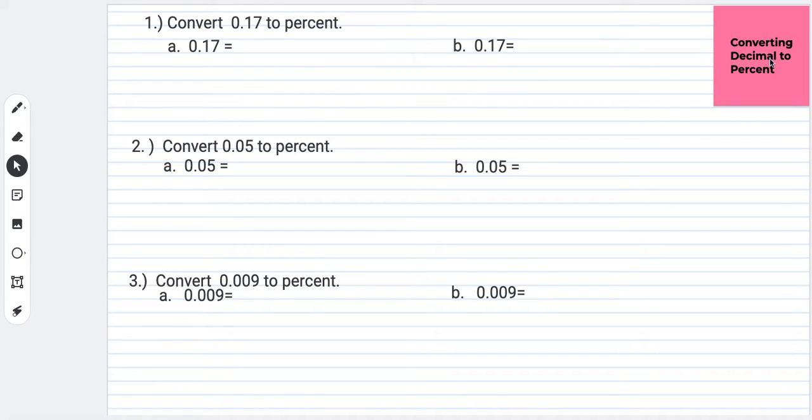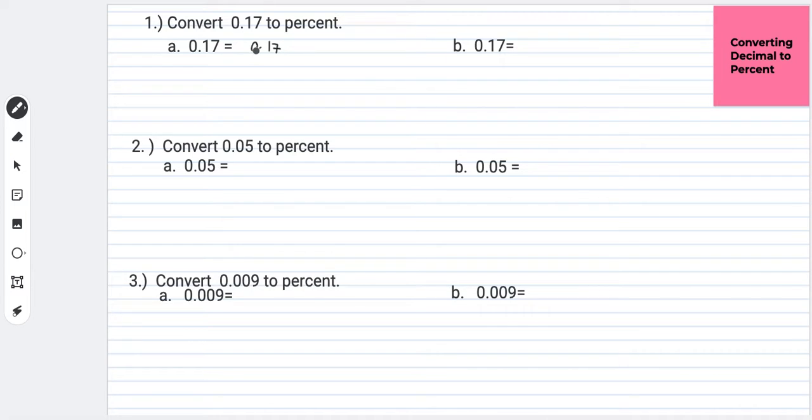Converting decimal to percent. How to convert decimal numbers to percent? In converting a decimal number to percent, the first thing that we have to do is apply it in example number 1. Copy the number that we will be converting to percent.